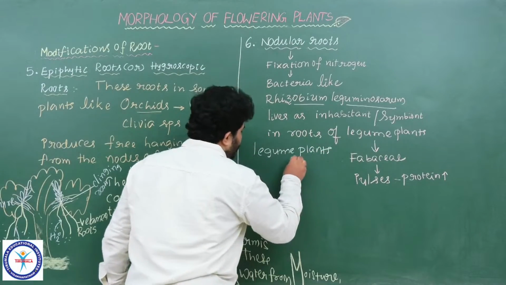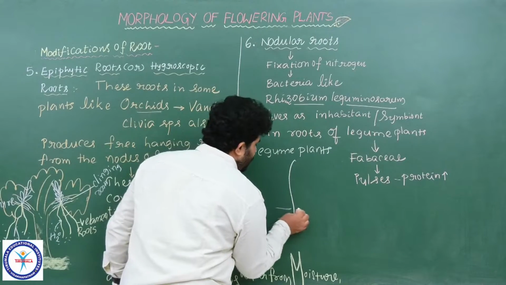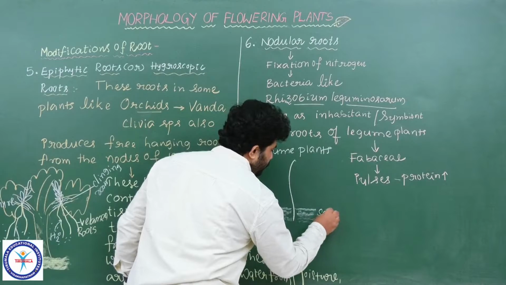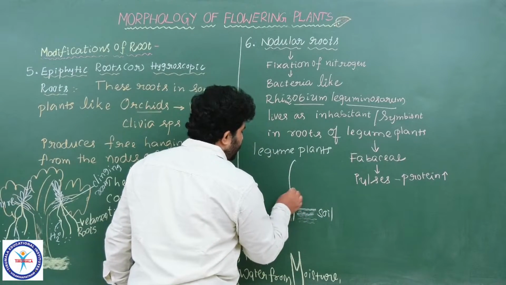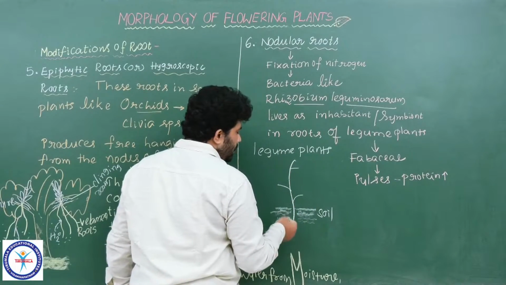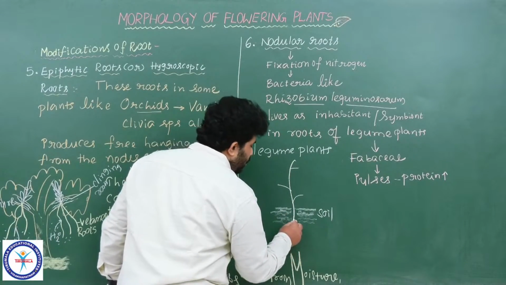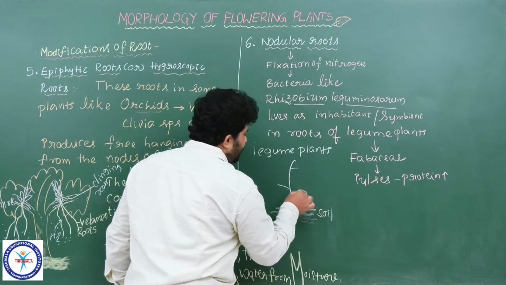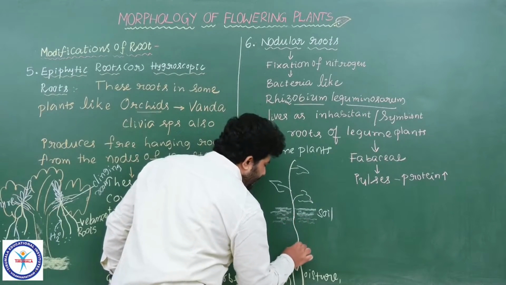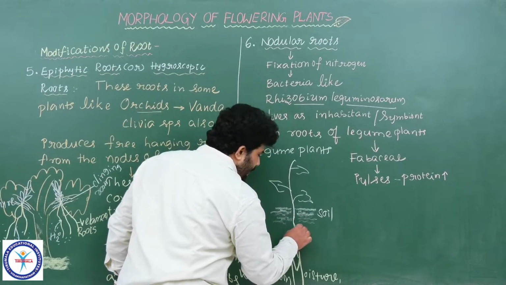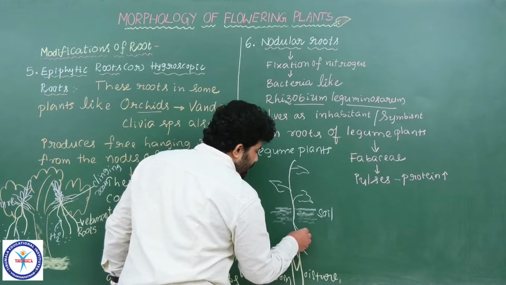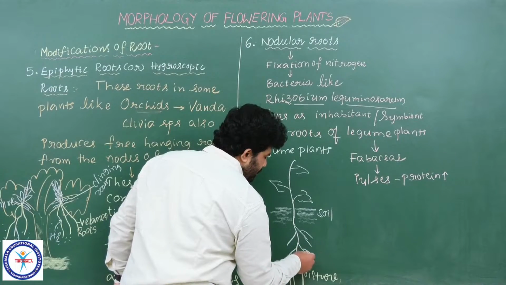In the legume plant, suppose this is the legume plant and this is the soil. This is the stem part, but we focus our concentration on the roots only. It is a tap root. Tap root means a primary root followed by secondary and tertiary roots.